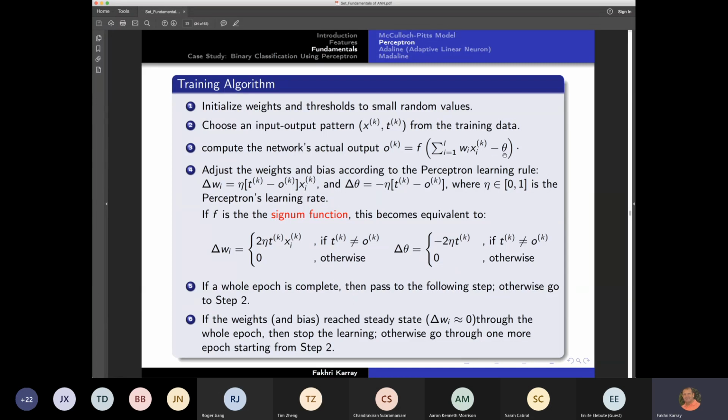Let's look very briefly at this particular theta. The system says minus theta. It could be plus or minus theta, where theta is positive. But here we are presuming that theta is a positive number, and we are doing the minus. This makes it compatible with the sign in front of the omega_i x_i term. Second, you can see that t_k minus o_k is similar to the value of delta omega_i.